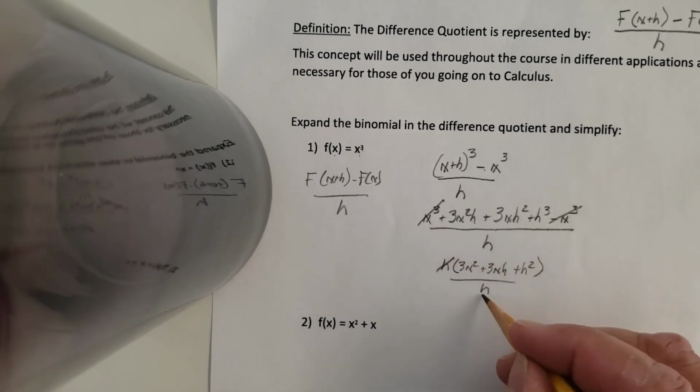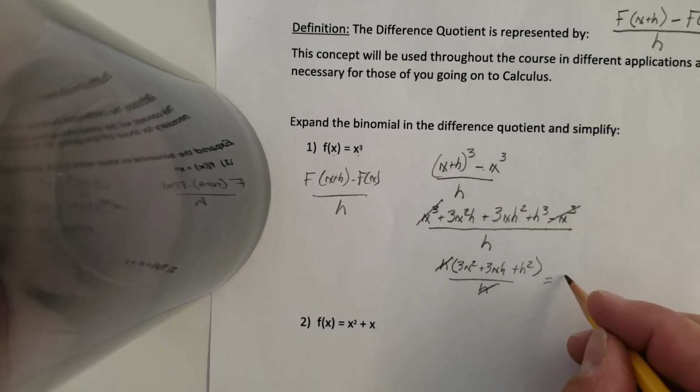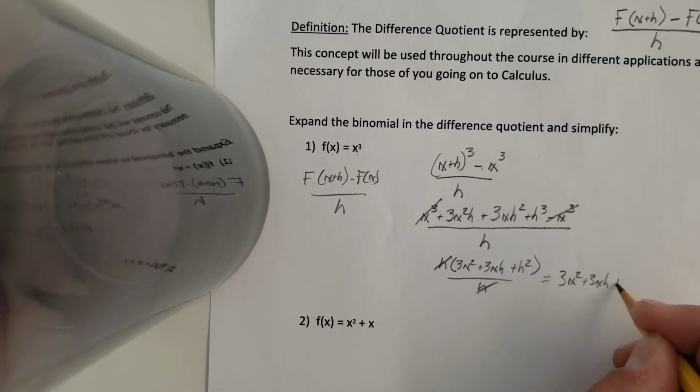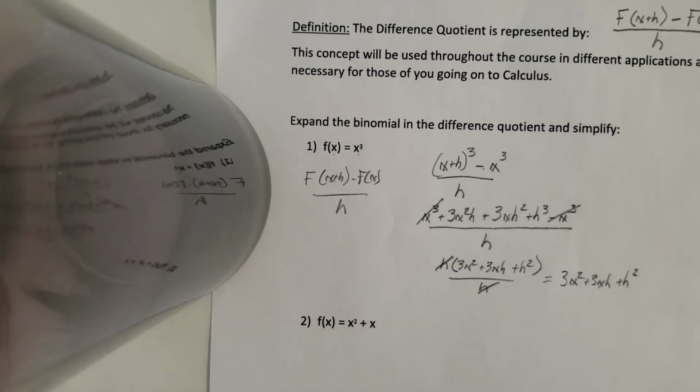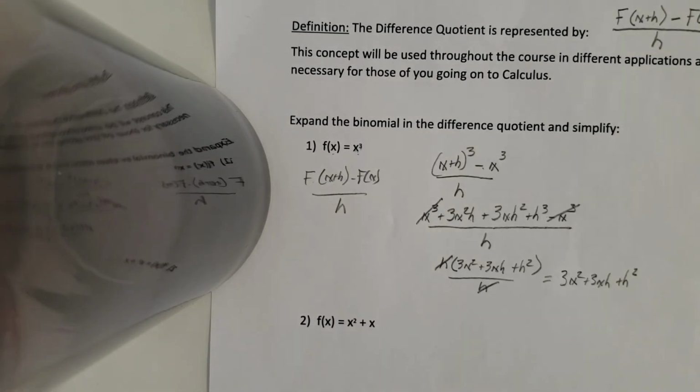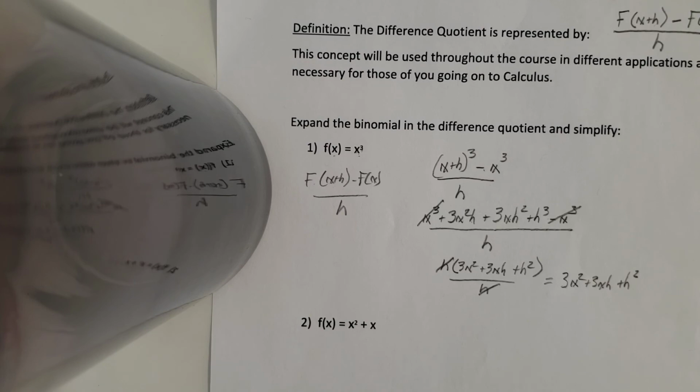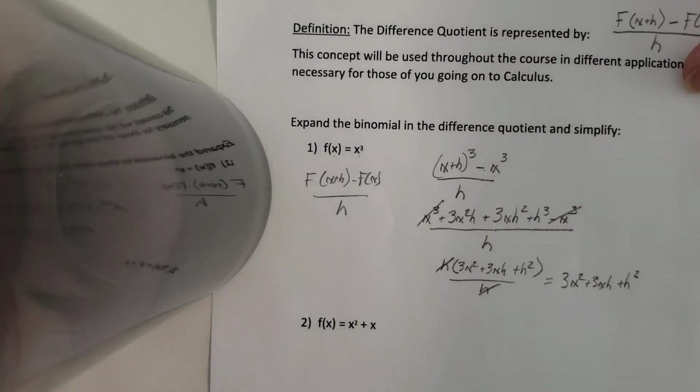They can both cancel, and you're left with 3x squared plus 3xh plus h squared. That's the entire thing. We're just using it as a tool to help us practice the binomial work. We're not doing anything elaborate with it yet. We're just using the difference quotient as a tool to practice the binomial work.